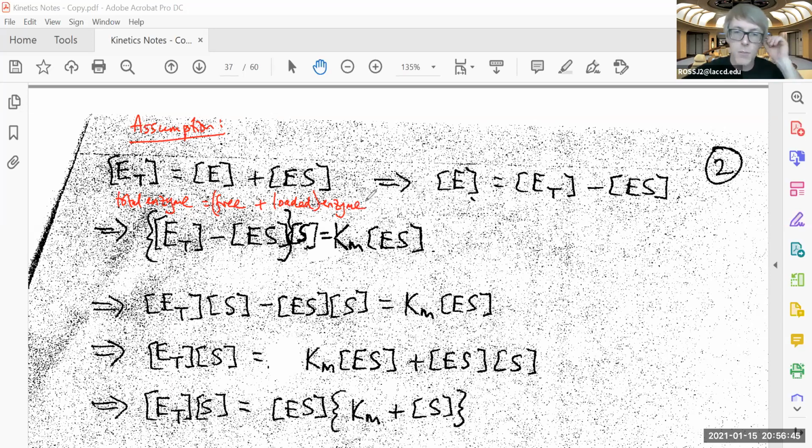So that's a reasonable assumption, or maybe assumption is the wrong word, a declaration. It's probably better thought of as a declaration. Okay, so therefore, we can solve for E. We just take the ES to the other side. So therefore, the free enzyme is the total enzyme minus the loaded enzyme.